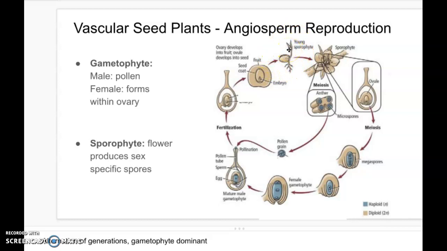Now, one thing that we're going to be talking about is these methods of pollination. How these pollen grains get into this ovary is very interesting, because if you have different plants of the same species, they would have cross-pollination.